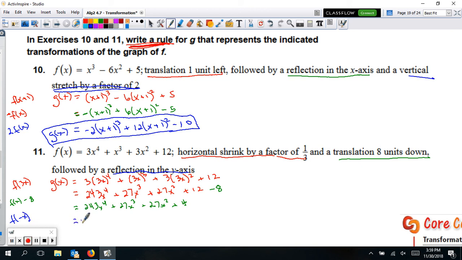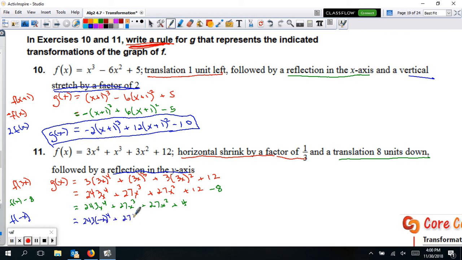So our final thing here was going to say, so 243 negative, this is a negative x to the 4th power. So we can just do 243, I'll just write it in here, negative x to the 4th power there.